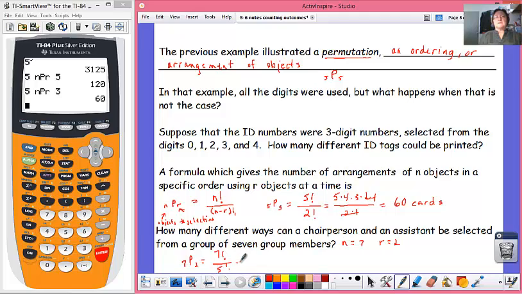You guys, this is why I say the formula is so handy. 5 factorial is 5, 4, 3, 2, 1. 7 factorial is 7 times 6 times 5 factorial. So basically, what you'd have to do in this problem is just multiply 7 times 6, and there are 42 different arrangements.